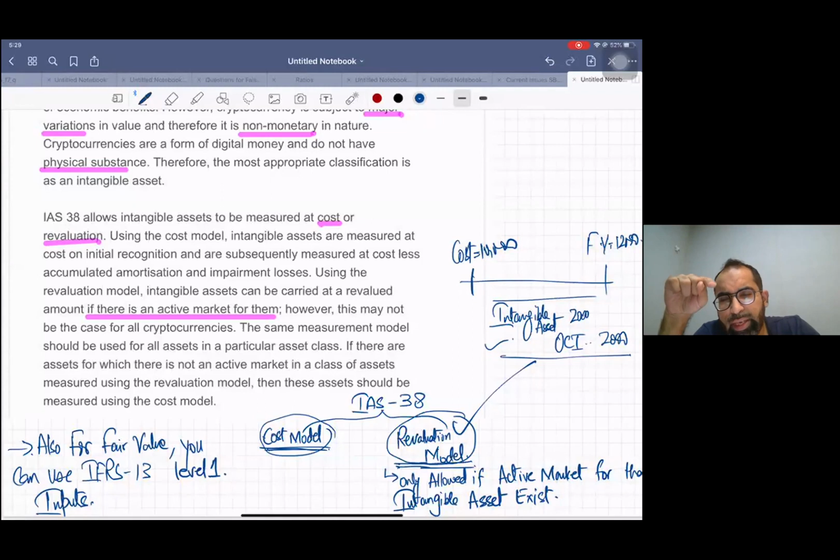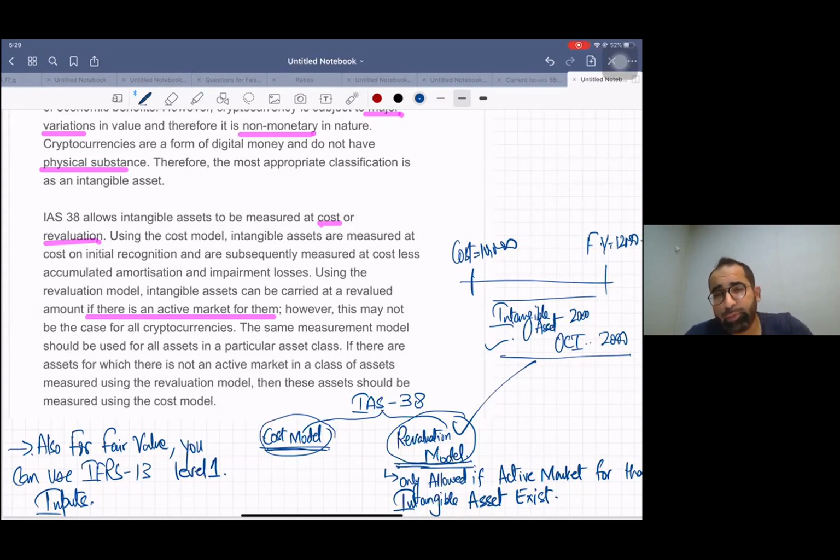The same rules as we follow for IAS 16 are followed for intangible asset revaluation. Whatever rules you have studied for IAS 16, the same rules you can follow for IAS 38 revaluation. Okay, now one more question.